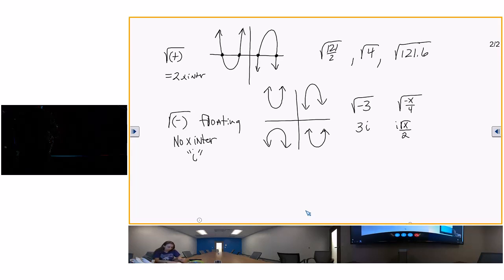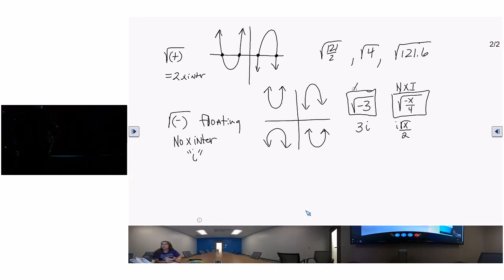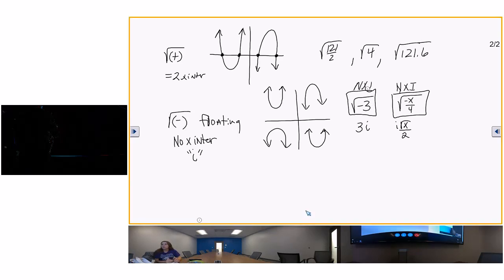All right? So, in other words, when you get the square root of a negative, you know at this point: no x-intercepts. But do you stop there? No, because you have to write your answer in terms of i. We've done that. We've done several problems like that. Yeah.